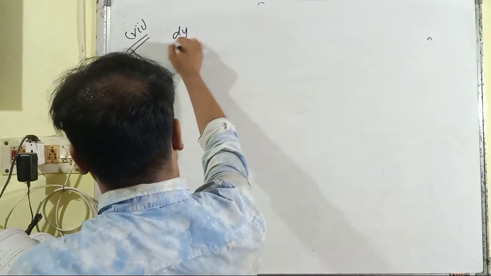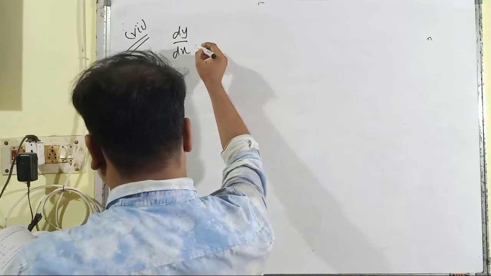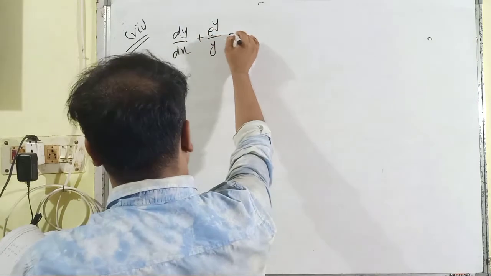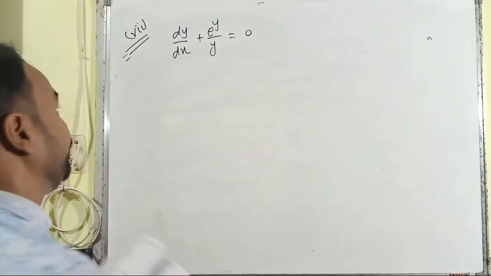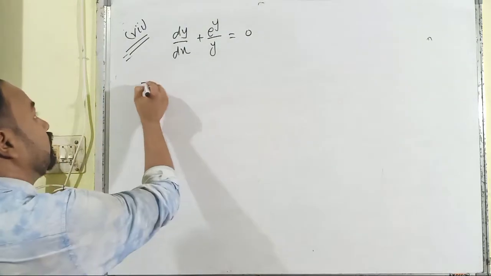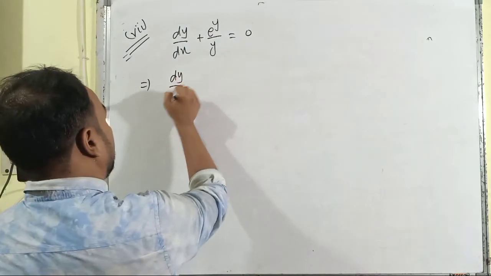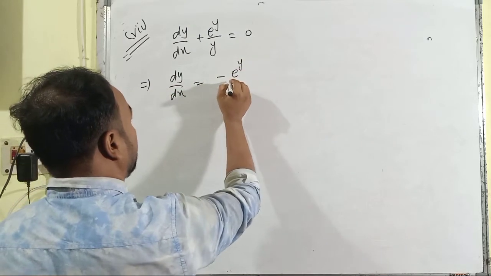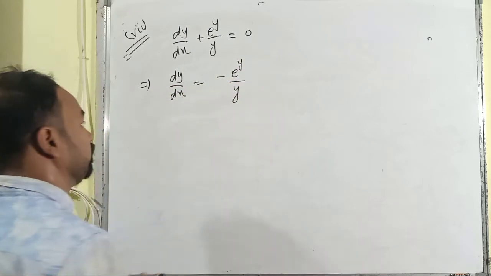dy over dx plus e to the power y divided by y is equal to 0. So first of all, solve it. dy over dx is minus e to the power y divided by y.